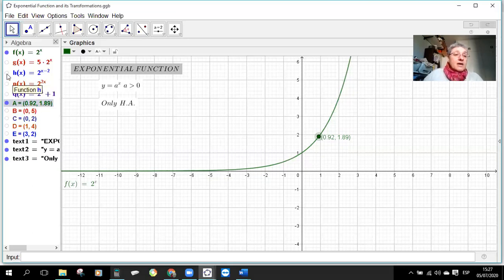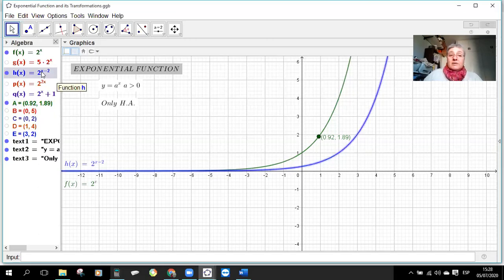So in the first case, I have 2, number 2, raised to the power of x minus 2. And as we could expect, the green graph has been moved horizontally 2 units.